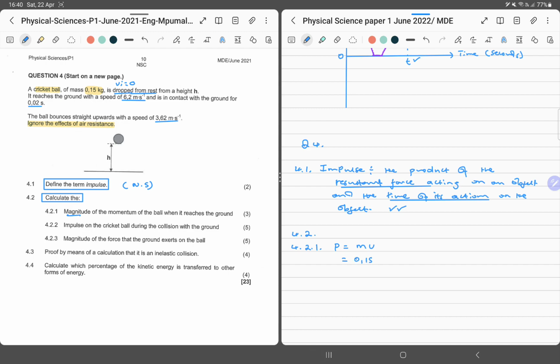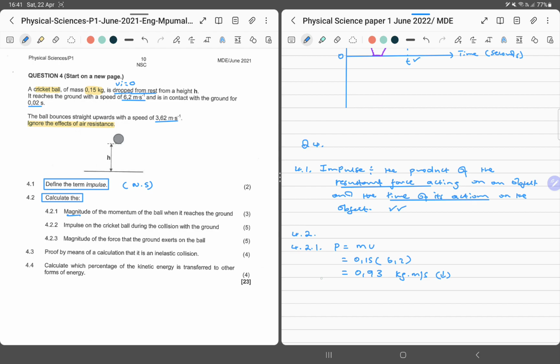So 0.15 into the velocity with which it hit the ground, which was 6.2. So this is 0.93. Now what are the units for momentum? It's kilogram times meter per second. And it is a vector, right? And the vector is downward.